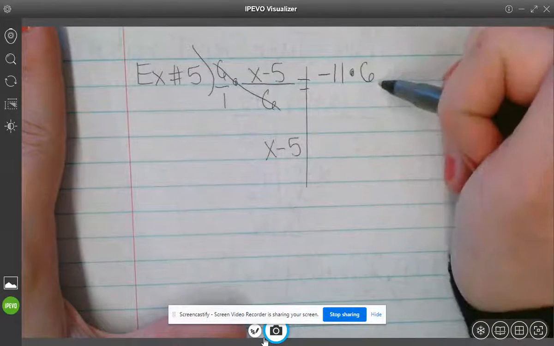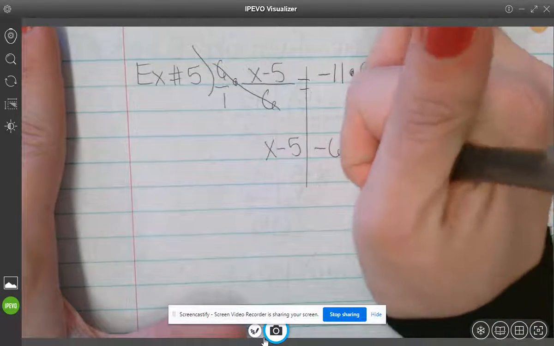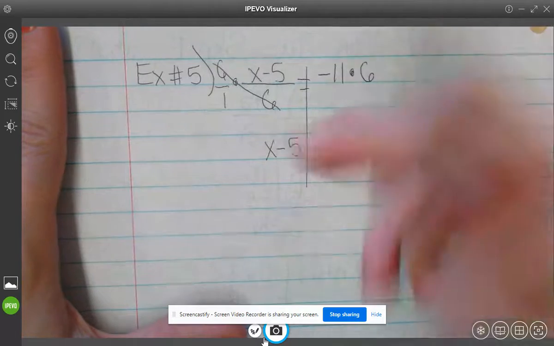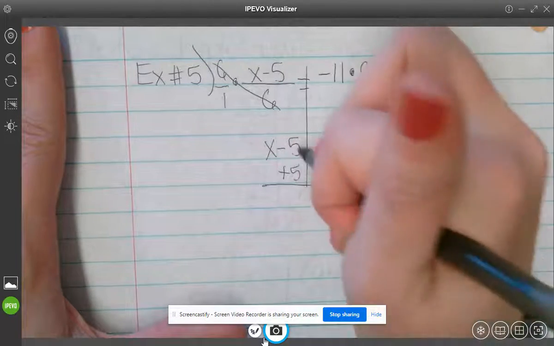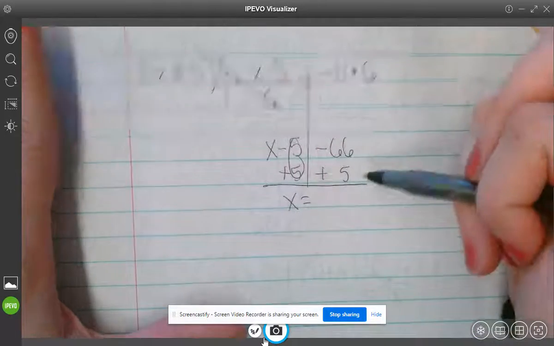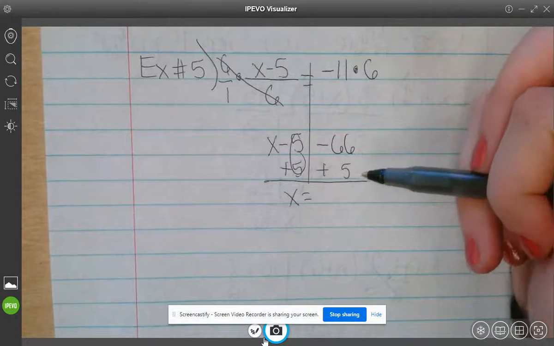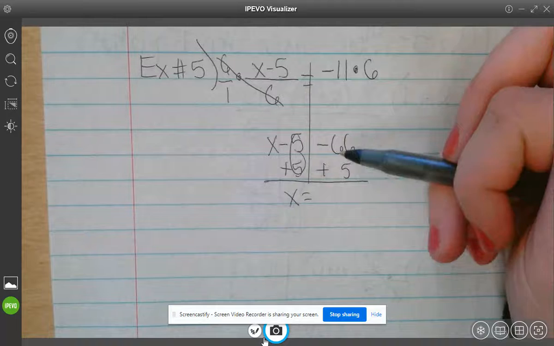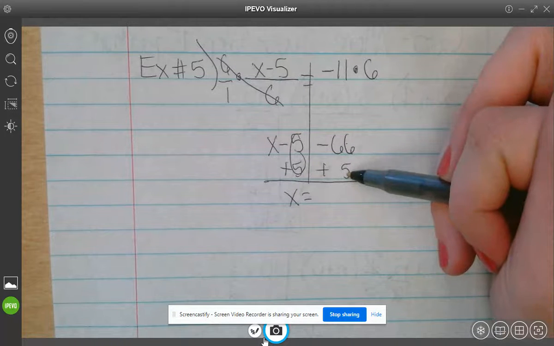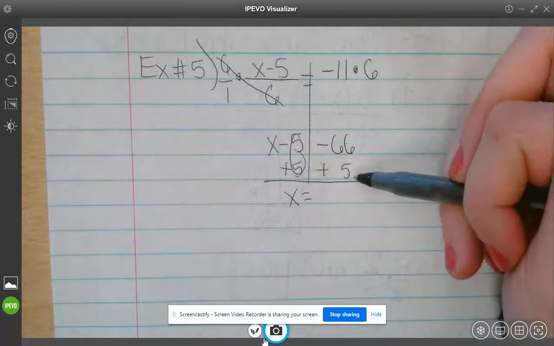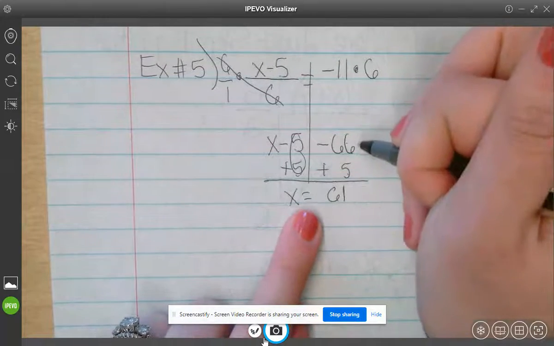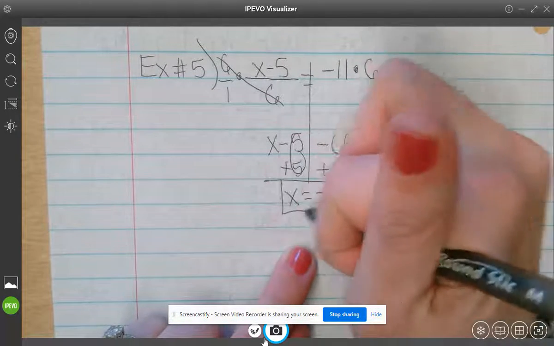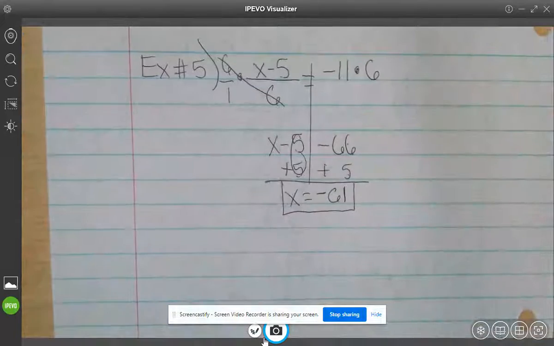Negative 11 times 6 is negative 66. I'm going to add 5. Now remember, I'm not just making this negative 71. This is a negative, that's a positive, so it changes things. So really I take 66 minus 5, which is 61. But 66 is way bigger, so that means my x has got to stay negative.